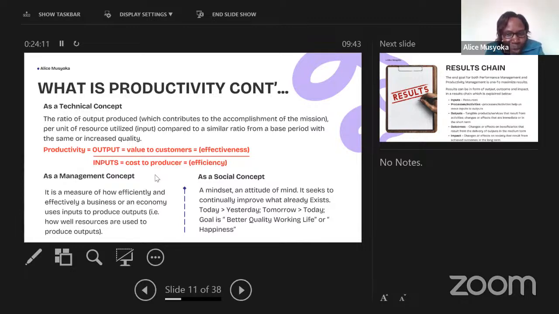An output can also be the number of files. If you are handling files, you can have a target to process how many files, like 40 files in a day. That will be your output. You measure the activity so as to achieve your goal, to achieve the objectives and the set targets. I know that language can be confusing.